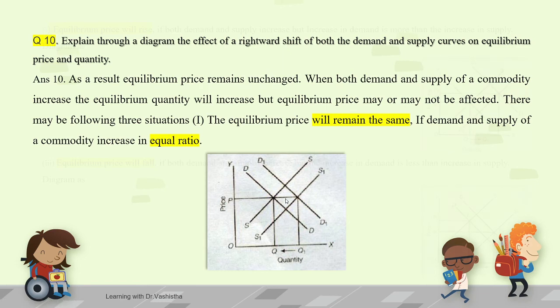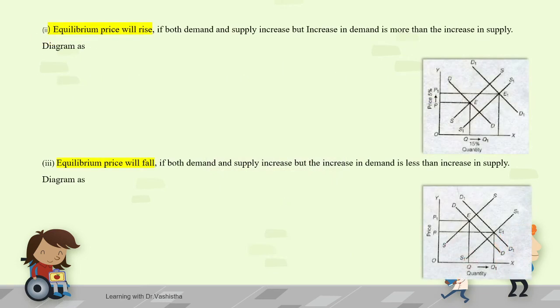Whereas in the next condition, the equilibrium price will rise if both demand and supply increase, but the increase in demand is more than the increase in supply. As you can see, SS has shifted to S1 S1, the DD curve has shifted to D1 D1, but the change in supply is lesser compared to the change in demand. The demand curve has shifted more.